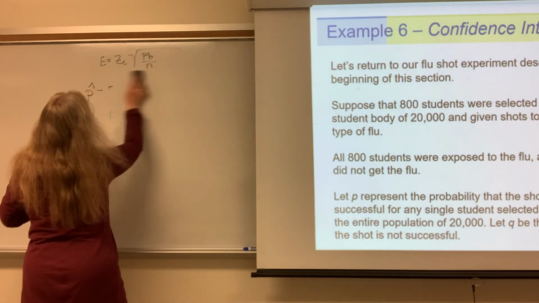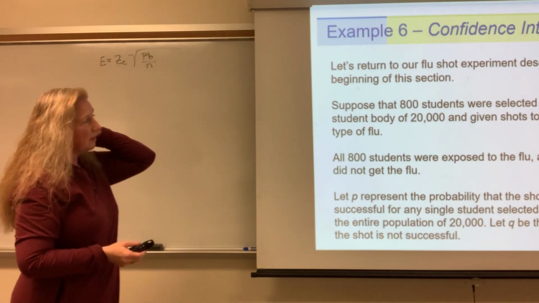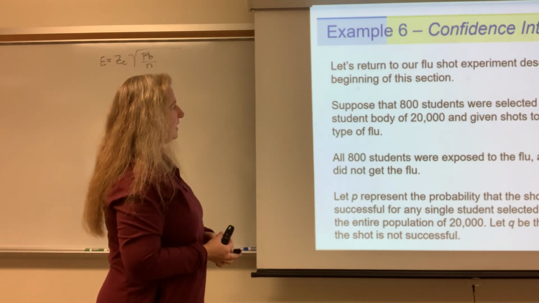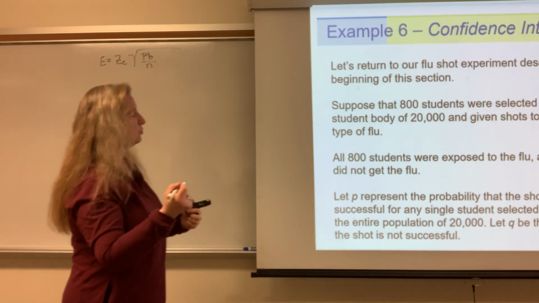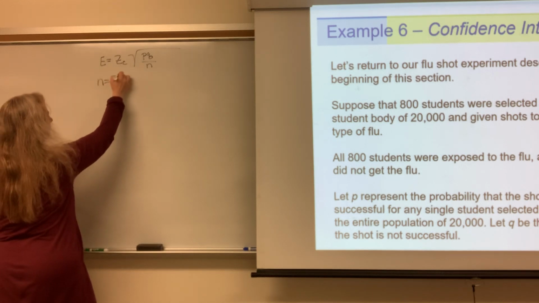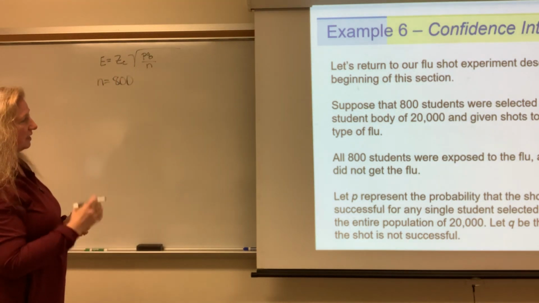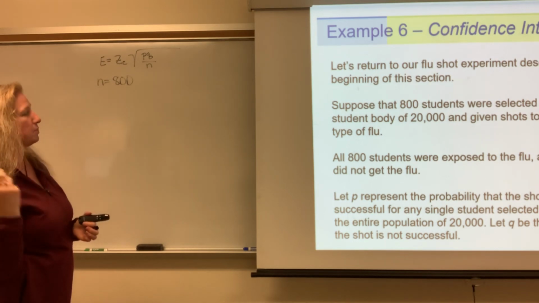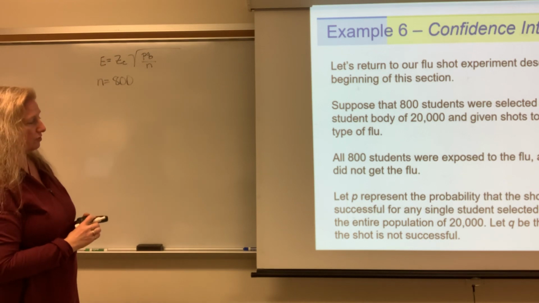All right, so we had a flu shot example a long time ago. Suppose that 800 students were selected at random from a student body of 20,000. So N is 800, there's my N. All 800 students were exposed to the flu, and 600 of them did not get the flu.